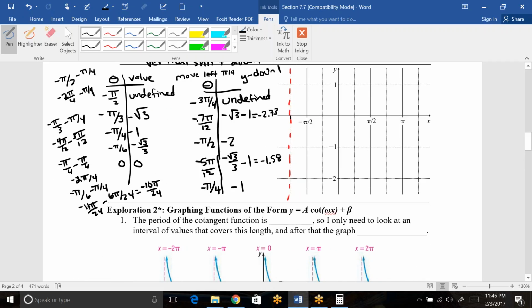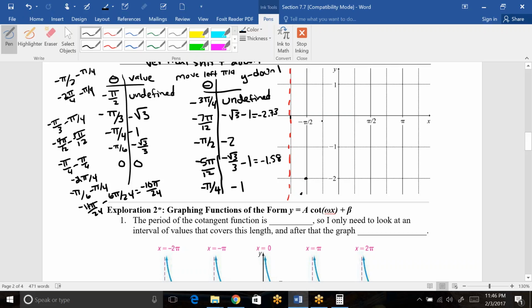So negative 7 pi over 12 is a little bit bigger than negative pi over 2 because this is 6 pi over 12, if you think about what that would have reduced to. So negative 7 pi over 12 is right about here. So we go all the way down to where we think negative 2.73 is. Negative pi over 2 is negative 2.